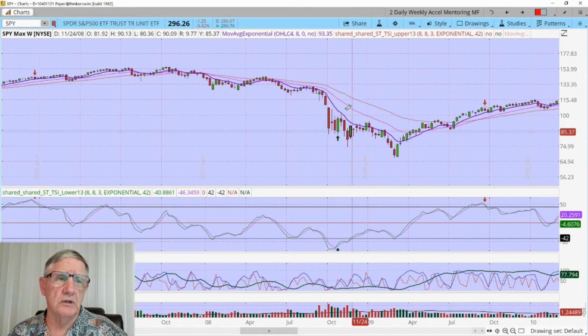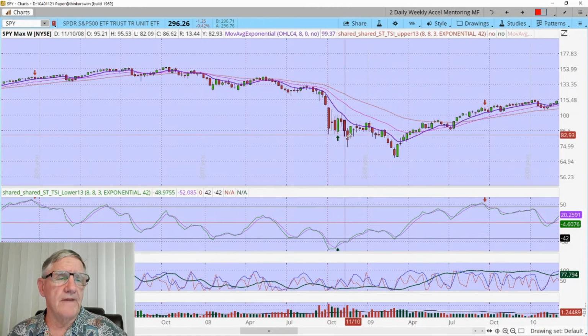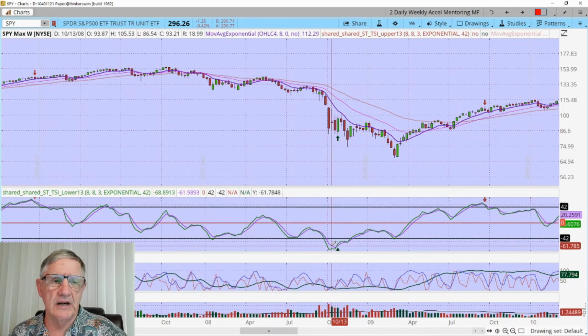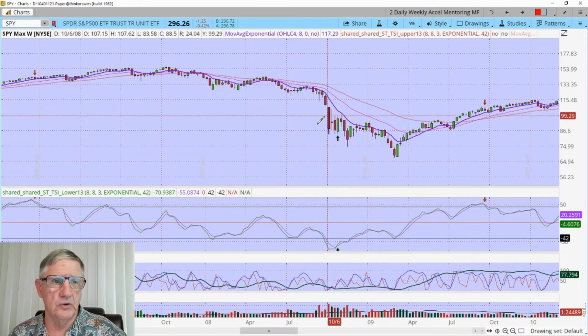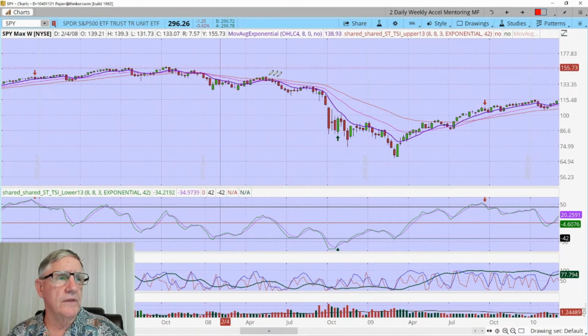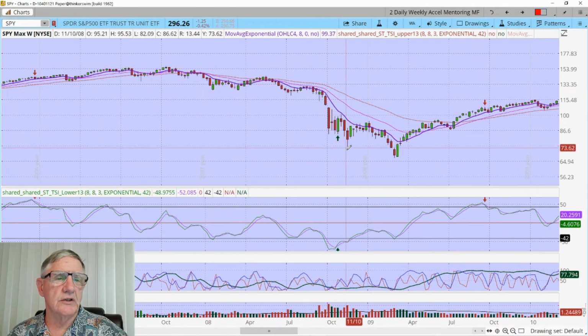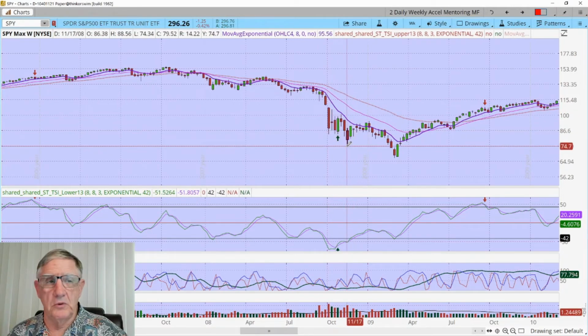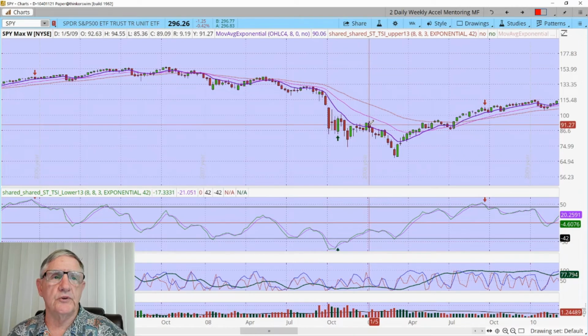Again, similarly, it finally found its low when all of the momentum indicators got down into their lower reversal zones. And even with the severity of this move down, it still took a fake-out low right here, pulled back up to the mean.